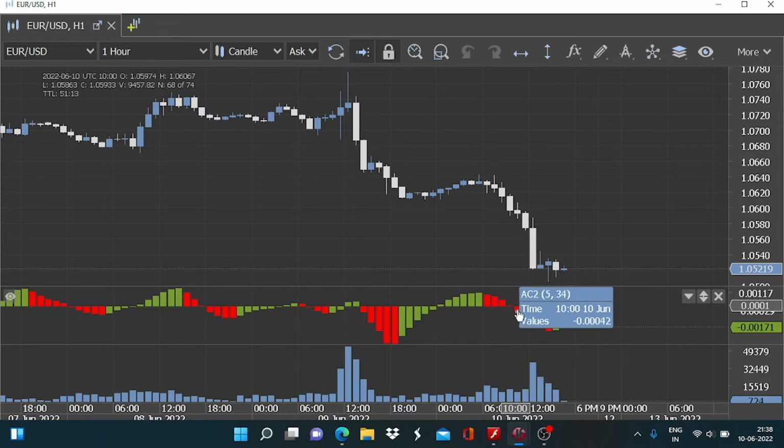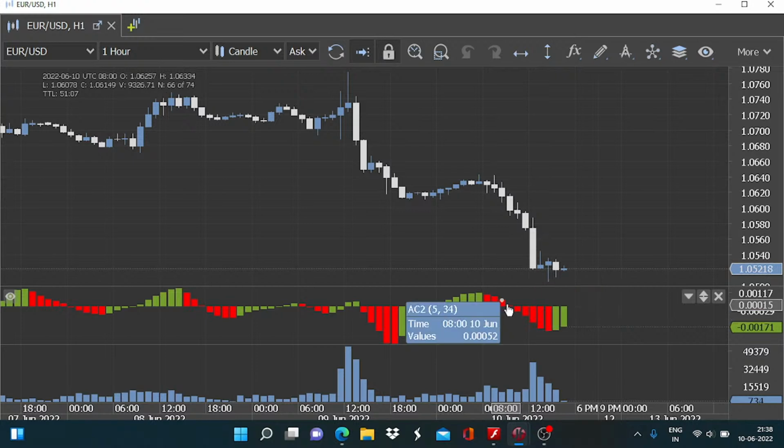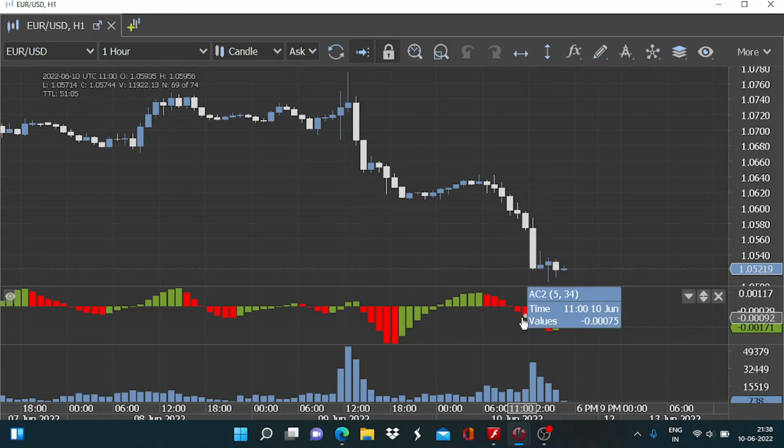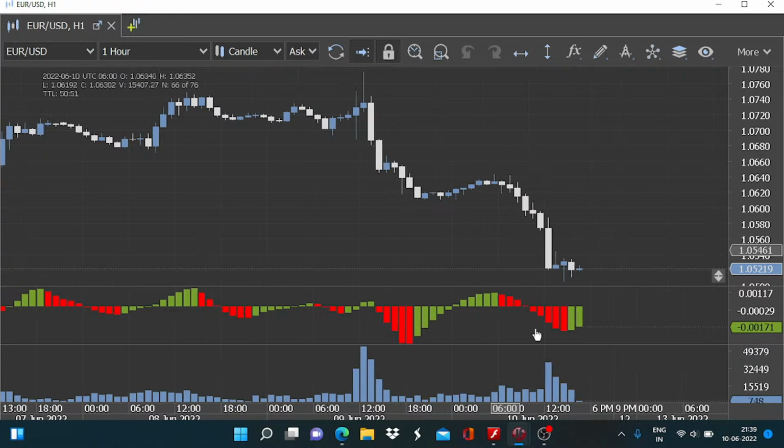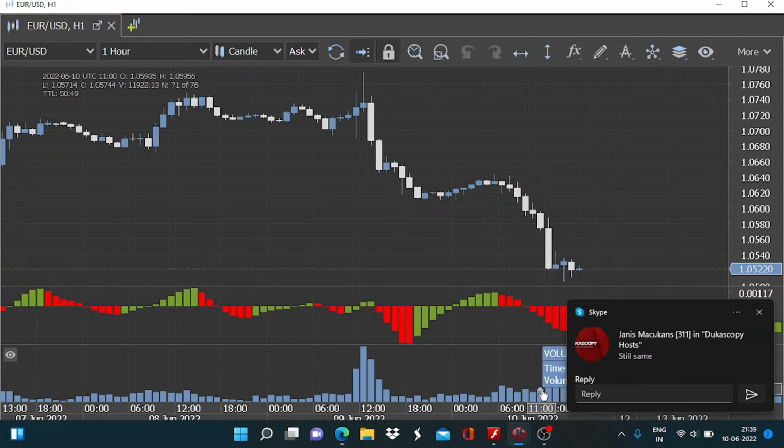Afterward, the momentum turned bearish, and we saw significant momentum where the AC indicator output should have more than doubled in the last 1 hour compared to the prior hour. At the same time, we also want the market participants' interest to go up, so we need the volume output to also double. And only if both these parameters are being satisfied.